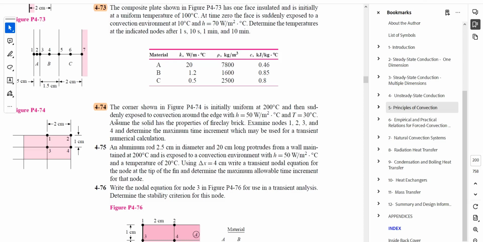It means this edge has convection here, and h is 50 watt per meter square degree Celsius, and temperature is 330 degrees Celsius. Then assume the solid has the properties of clay brick. Examine nodes 1, 2, 3, and 4, these 4 nodes, and determine the maximum time increment which may be used for a transient numerical calculation.